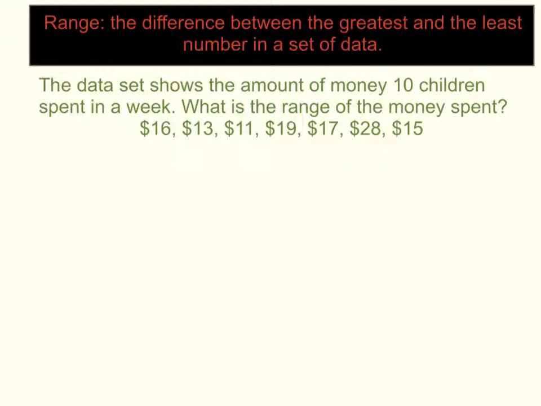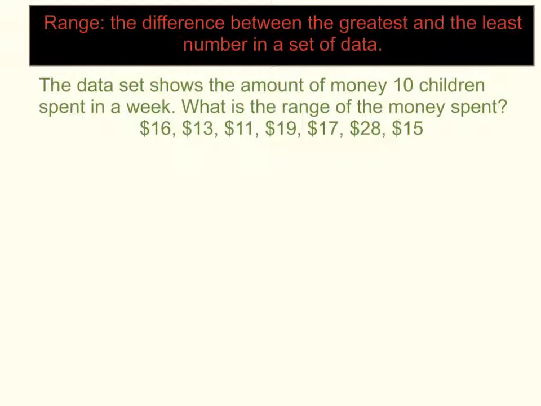The last measure of central tendency we're going to talk about is range. Range is the difference between the greatest and the least number in a set of data. So for example, the data set shows the amount of money 10 children spent in a week. What is the range of the money spent? $16, $13, $11, $19, $17, $28, and $15.